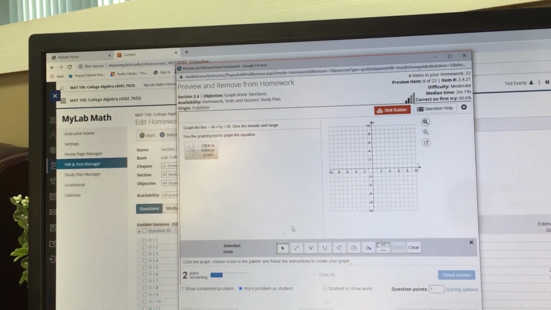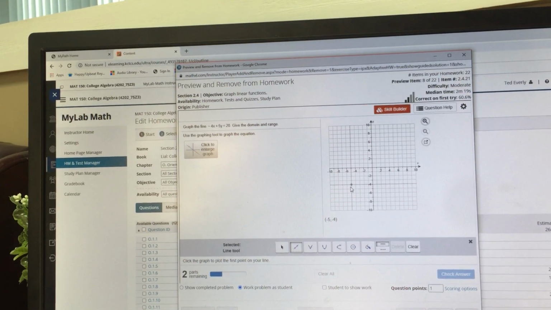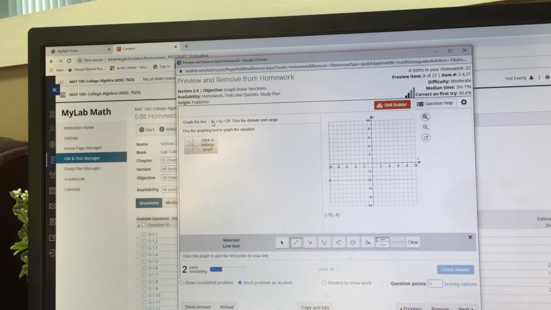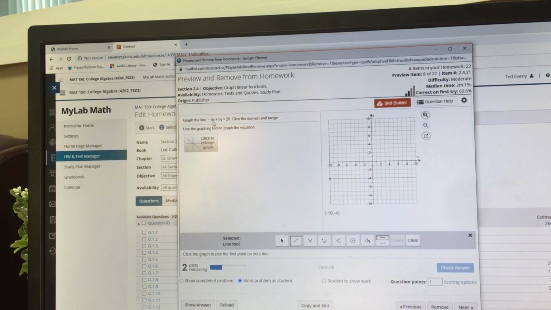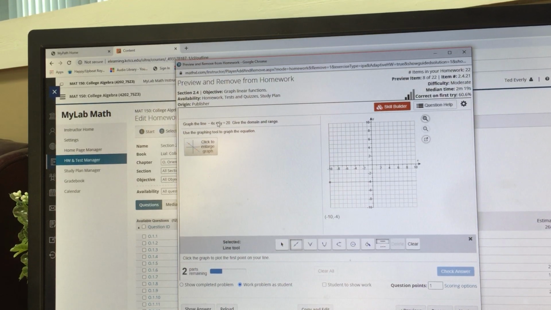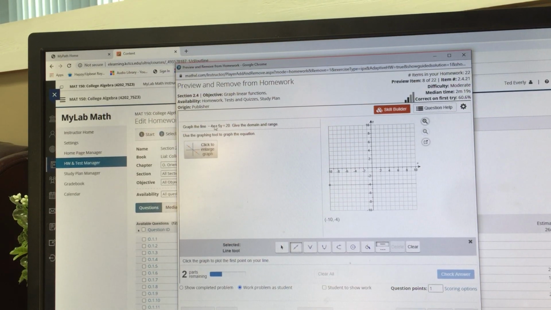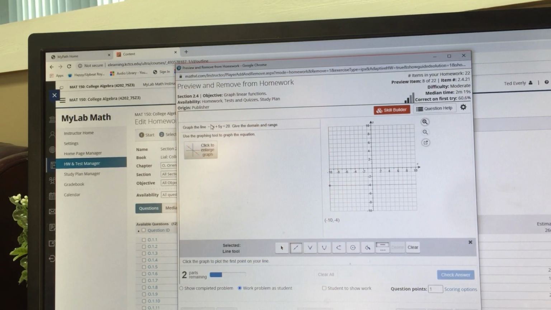When you have standard form, the easiest thing to do is you put 0 in for x. And if I put 0 in for x, negative 4 times 0 would be 0. That would go away. And so then I would have 5y equals 20. So I would divide by 5. That means y would be 4.